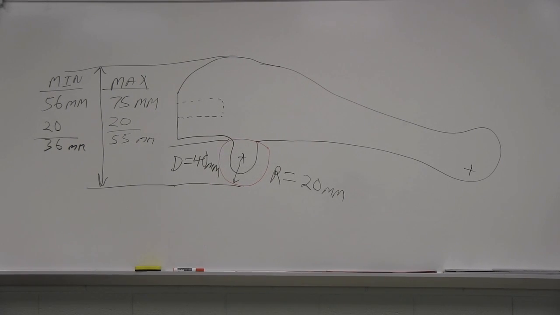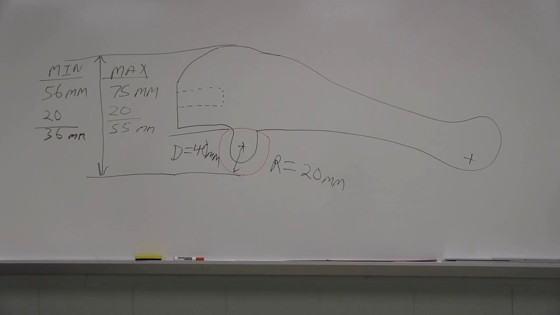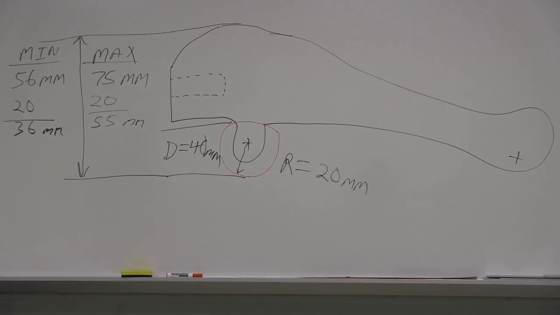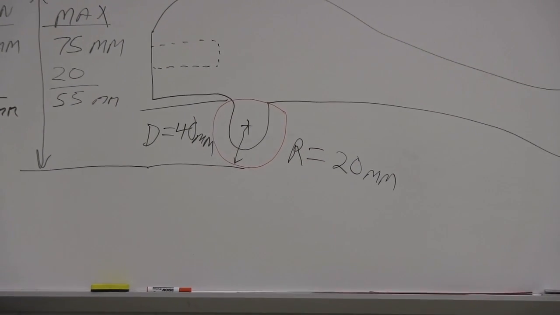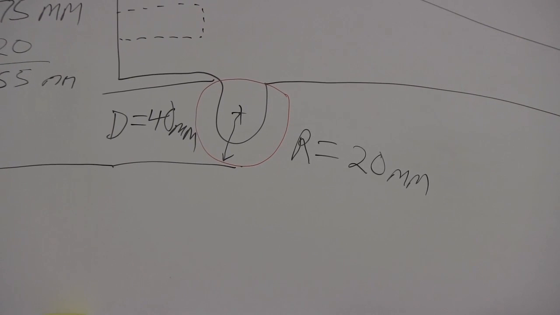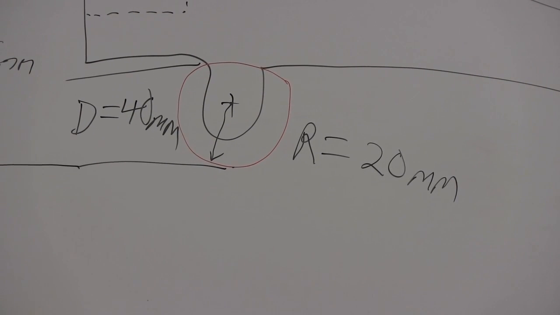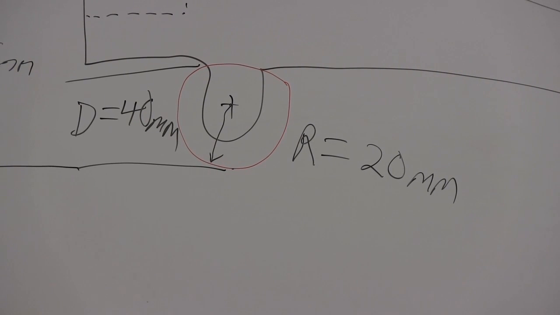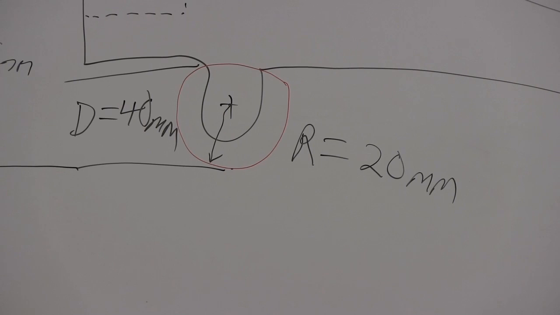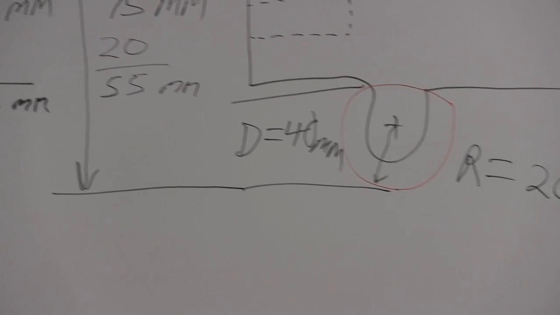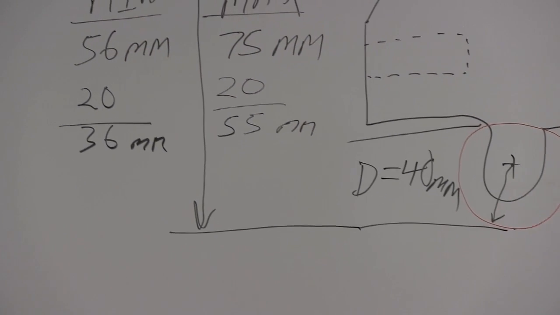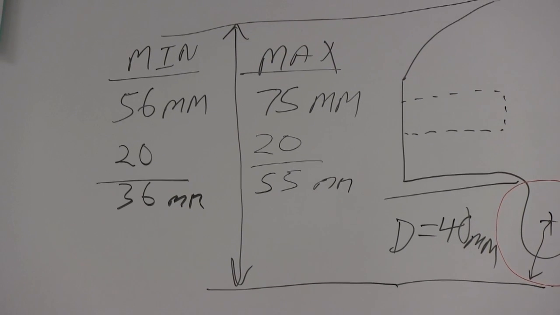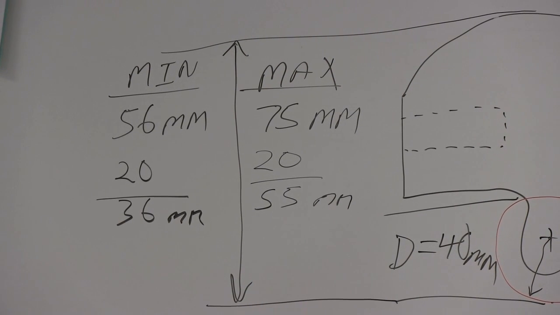Now, since I know 20 millimeters from the center to the bottom of my wheel is my radius, I can then subtract that 20 from both of my numbers, and I have my new minimum and maximum for measuring from the center of the wheel, which will be on the car, to the highest part of the rear of the car, which is also going to be on your drawing.